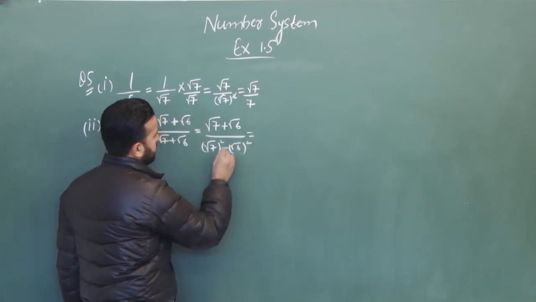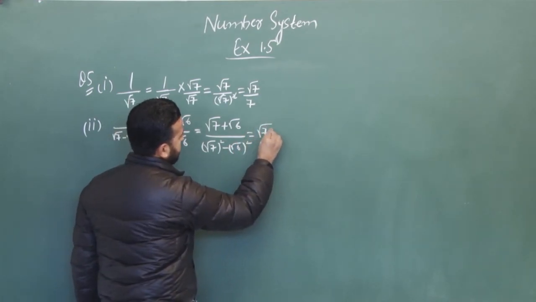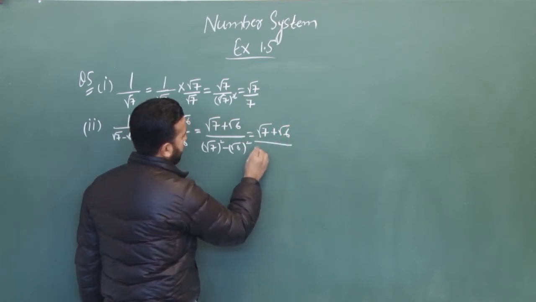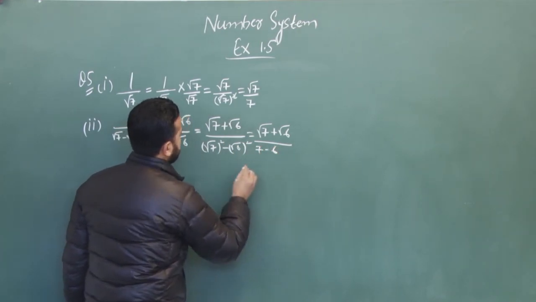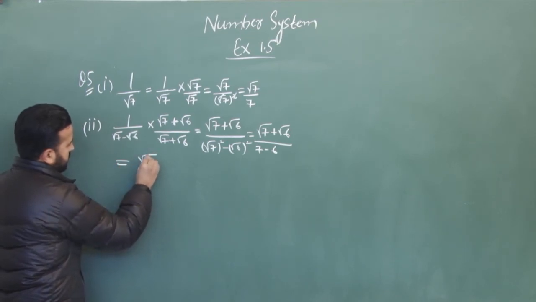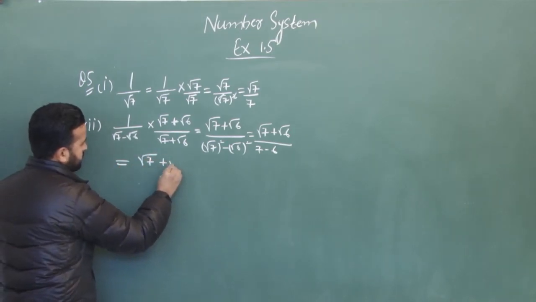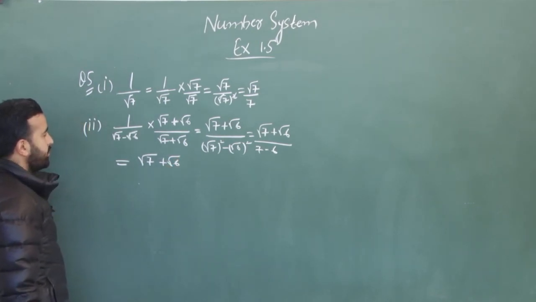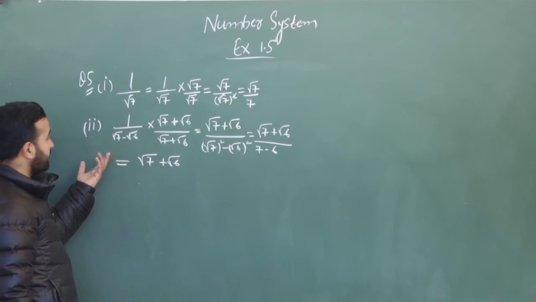So that will be root of 7 plus root of 6 divided by 7 minus 6, so that is equal to root 7 plus root 6. This is how we can rationalize the denominator when we have two terms.